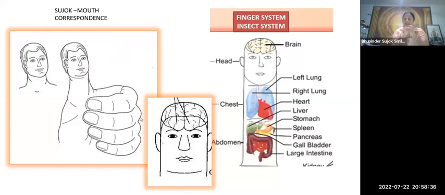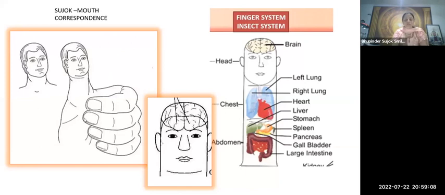Also, the top phalange of each finger represents the head. So it means we have many places to treat the mouth, which is very good. You can start with the thumb, and you can focus on the index finger. After some explanation, I will show on my hand also.